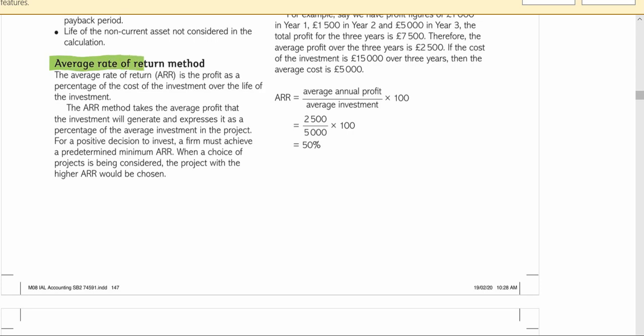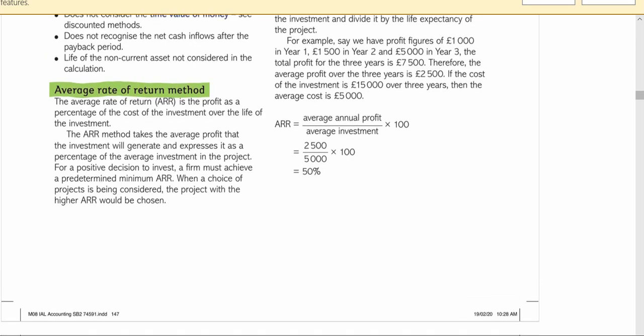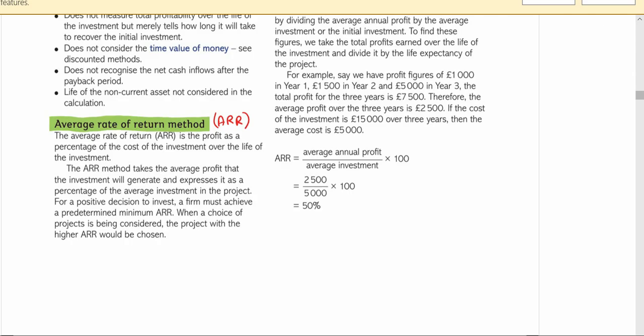Average rate of return, called ARR. What does the average rate of return mean? ARR is actually the profit as a percentage of the cost of investment over the life of the investment.